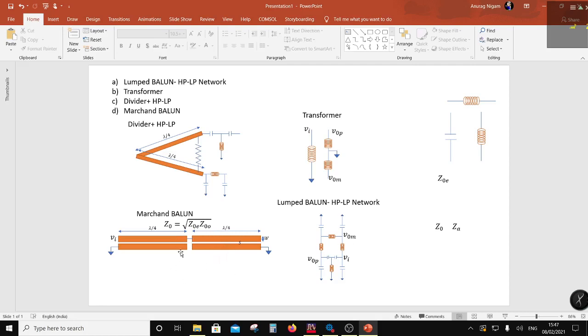Okay, next is that the impedance over here, which will be Zin, will not be Z0, right? So let's say the impedance over here is Zin.